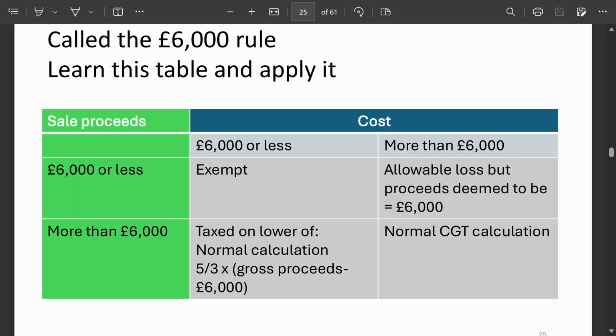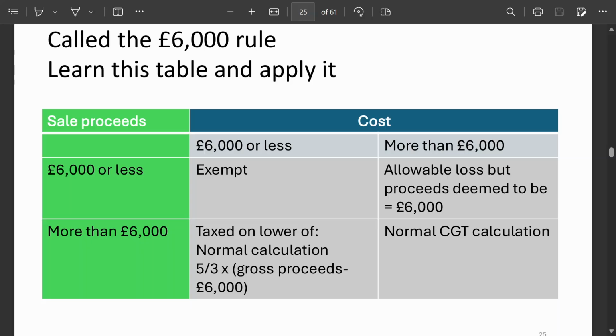You bought it for more than 6K and sold it for less than 6K, but they will still assume that you sold it for 6K. That's the complicated rule here. Even if you sold it at like 3.5K, they will assume that you sold it at 6.